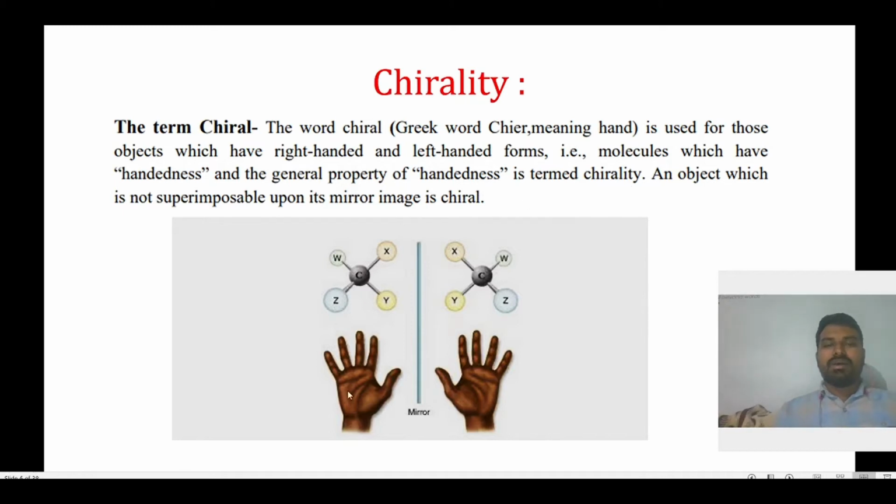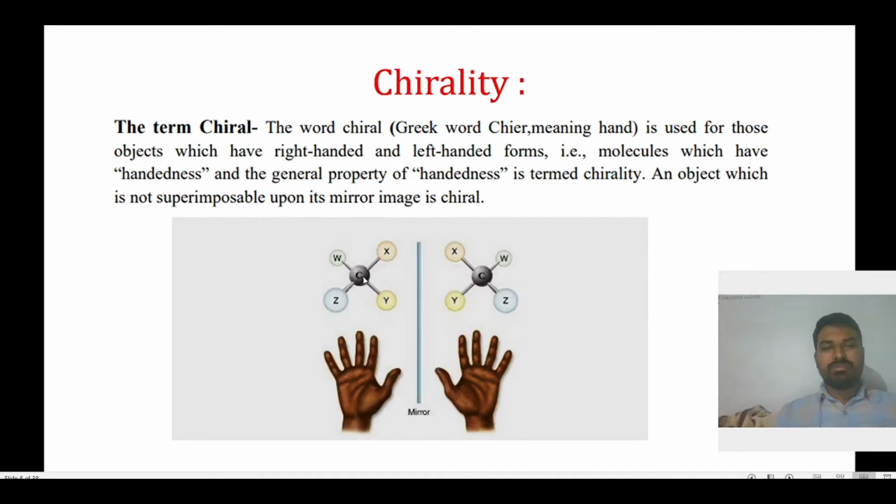Now see the hands. If we place a mirror over here and raise our hands like this in front of the mirror, and if we superimpose them upon each other, they are not superimposable. So our hands are chiral.